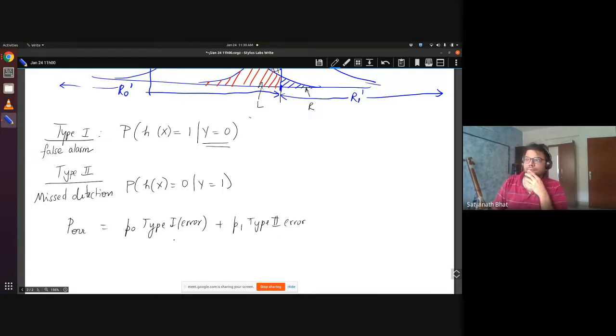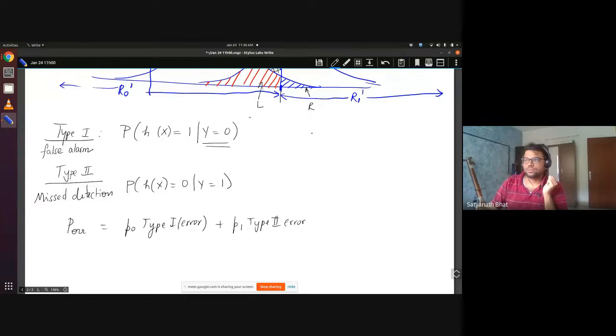And what Divyansh was saying is, if you fix this and fix this, you can control your overall error. If you are more careful about type 1 error, you don't want too much false alarm, you can control this. You can set your classifier so that this is controlled, and then this will be set to a value, and you have that desired thing.